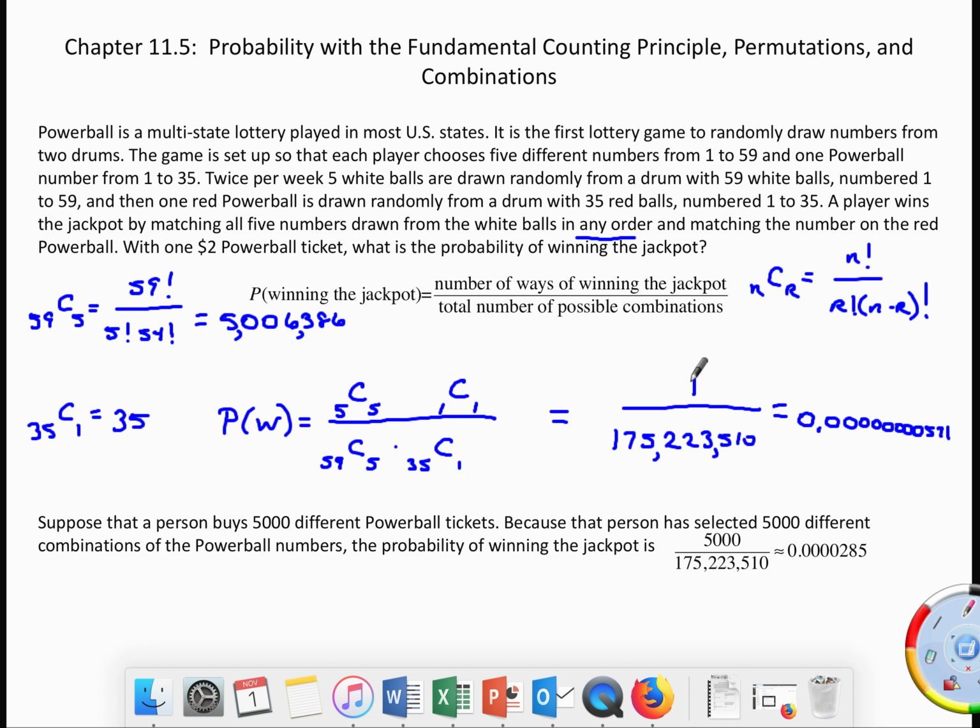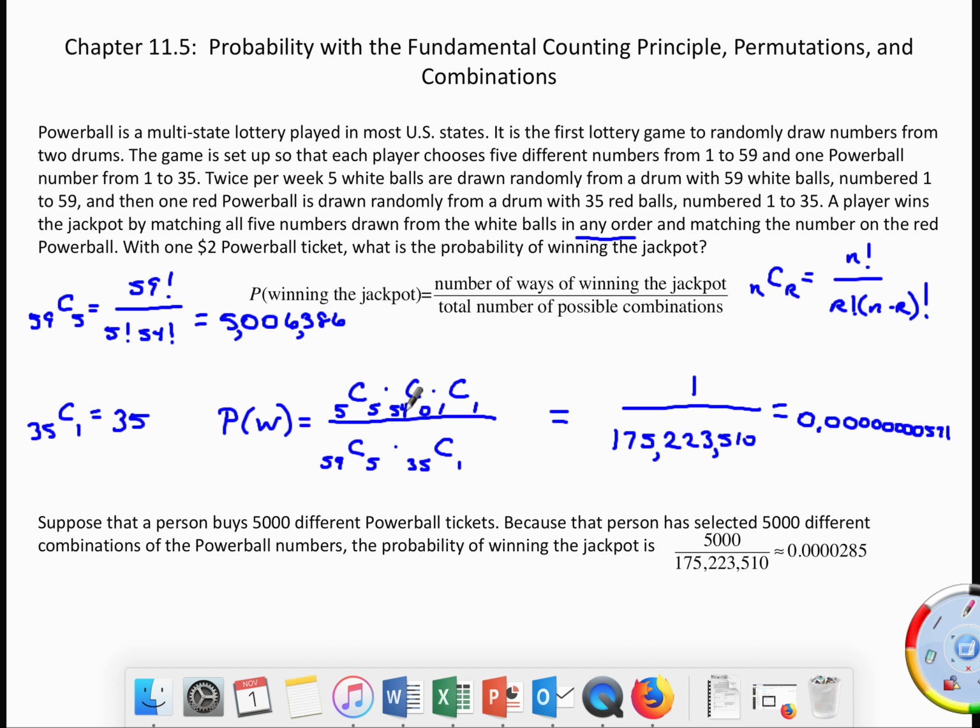But if I had a different question, like, what if you only get 4 balls that match the winning balls, or other options like that, then I want to talk about the format that all of these set up in. So this says there are 59 white balls. 5 of them are winning balls. That means 54 of them are losing balls, and I'm going to choose 0 of them.